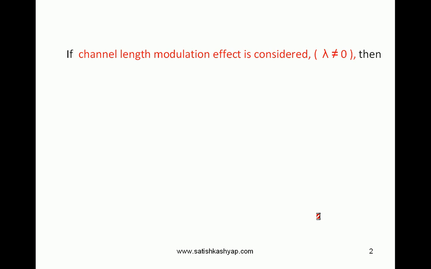Channel length modulation means that for a given gate to source voltage, as VDS increases in saturation, ID also increases. If we neglect it, ID is constant in saturation region for a given VGS minus VT, even as VDS increases. So if we consider the channel length modulation effect, we have to consider the VDS effect on ID.